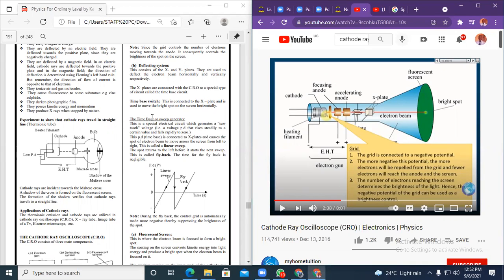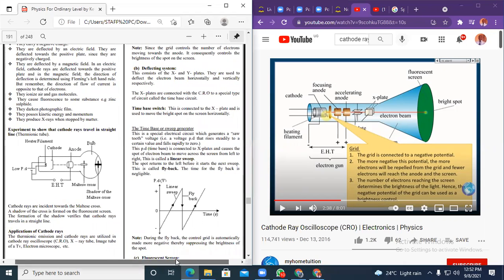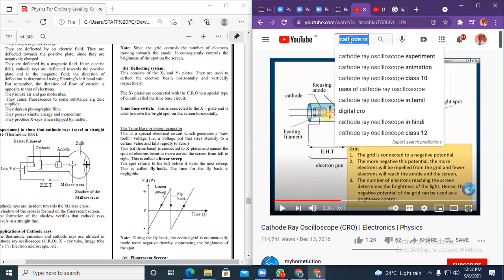I don't know whether you are seeing the definition here very well. You should know that the time base is a circuit. Spelling of circuit, let me type here and see.